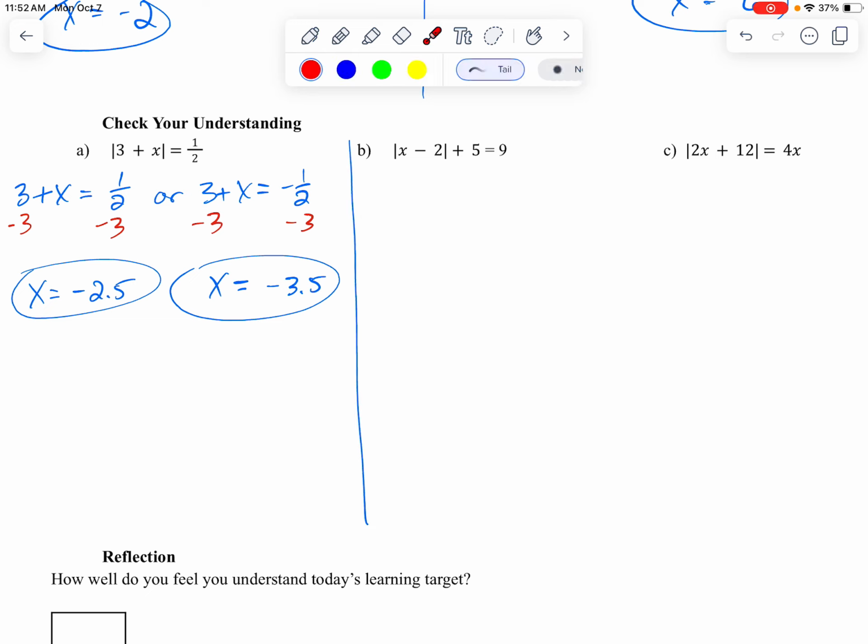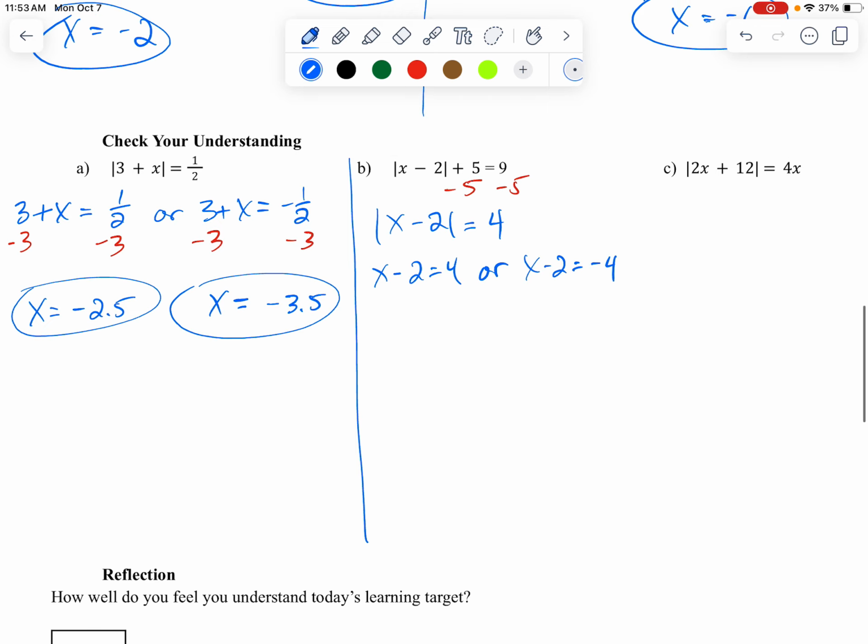Next, we've got our absolute value plus 5, so I've got to get rid of that first. Then I can break it up into two equations, minus 5. So the absolute value of x minus 2 equals 4. Now we can split it up, because I've got my absolute value equals some number. So x minus 2 equals 4, or x minus 2 equals negative 4.